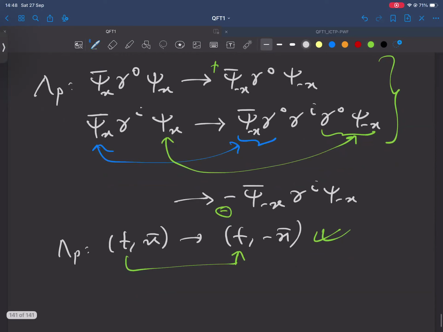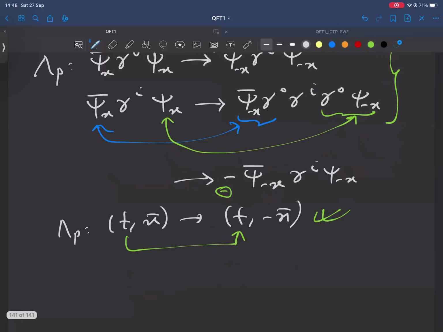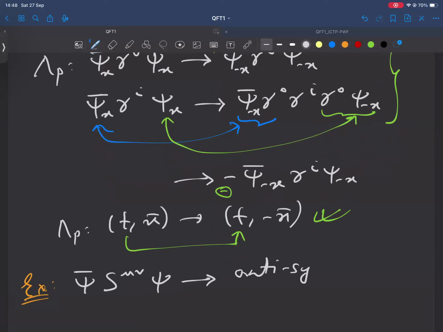Now there was an exercise last time: if you take this S mu nu that we have been talking about, you can show that it transforms like an antisymmetric rank 2 tensor.